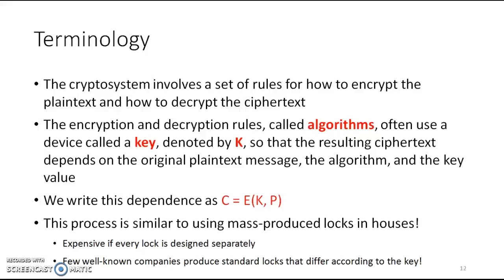This process is similar to using mass-produced locks in houses. If every lock were designed separately, it would be very expensive. A few well-known companies produce standard locks that differ according to the key. So they produce the same locks, but the keys are different.